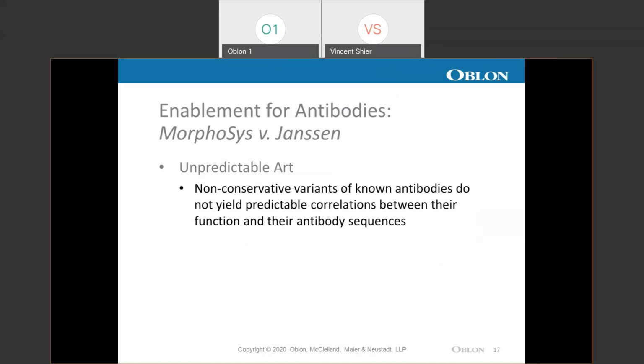Here the issue is that the person of ordinary skill cannot predict the function of non-conservative variant antibodies from their sequences. In fact, several of Morphosis' witnesses admitted that this particular antibody's binding properties cannot be predicted from its sequence.